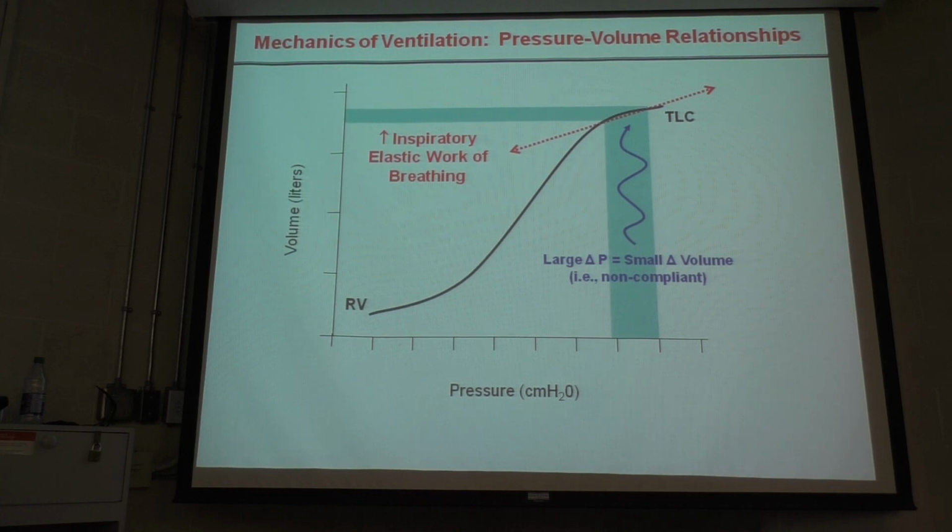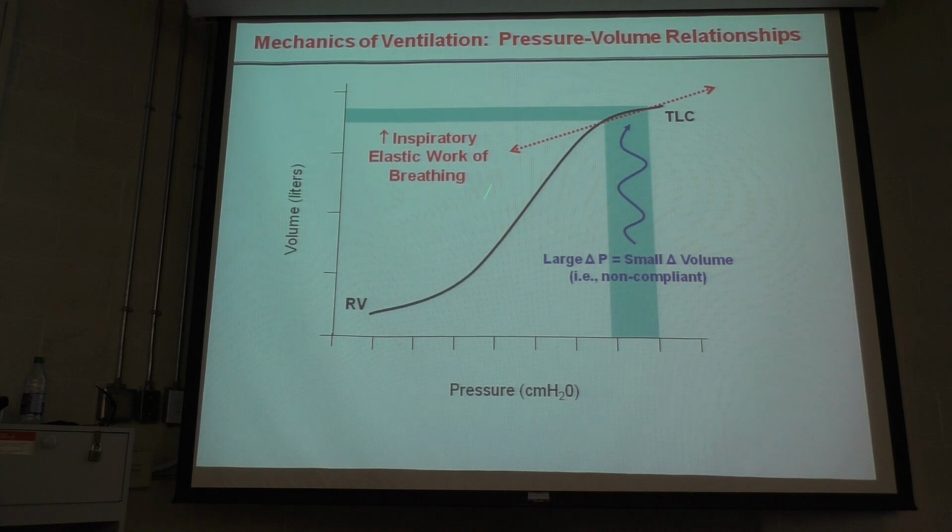It's going to be the inspiratory elastic work, because at high lung volumes you have an elastic recoil, and to breathe in, the inspiratory muscles have to work against that elastic recoil. So it's an inspiratory elastic work of breathing associated with breathing at a high lung volume. Okay? So I want you to appreciate that it's an elevated inspiratory elastic work.